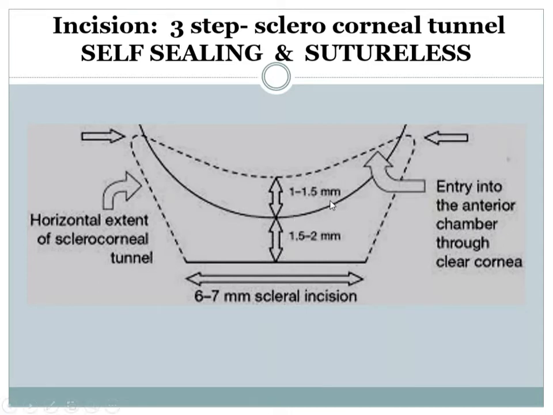this is the cornea. So 1.5 or 2 millimeters away from the cornea, that is within the sclera, you take a 1/4 depth or 1/3 depth of incision, and then you take your blade up to the cornea and then go in the same plane 1 millimeter beyond the cornea.